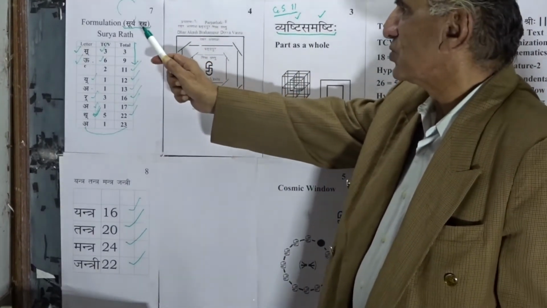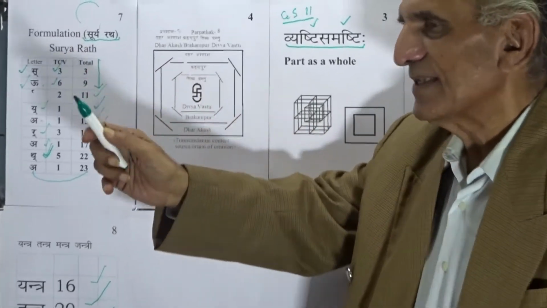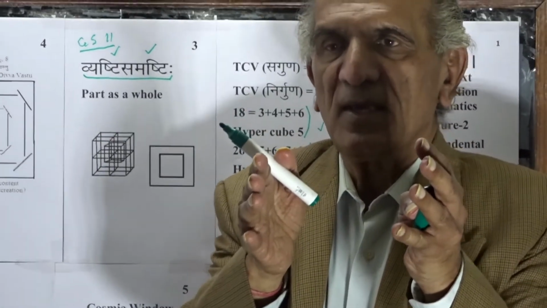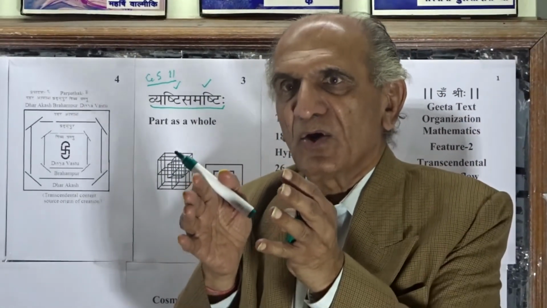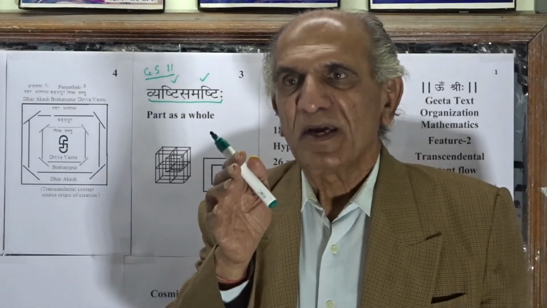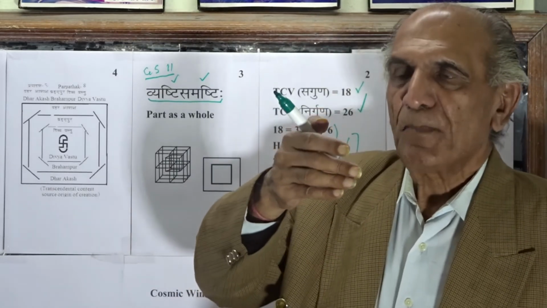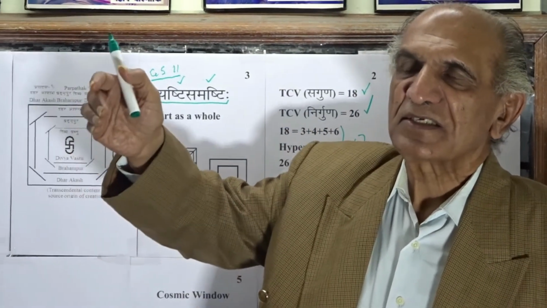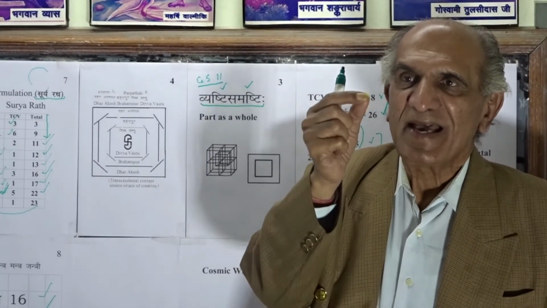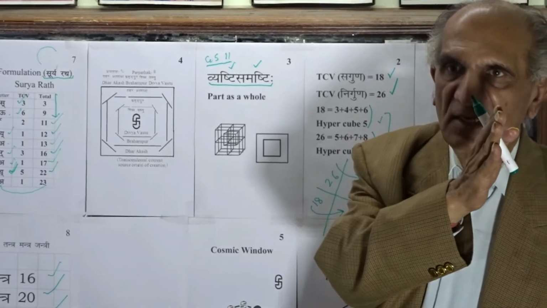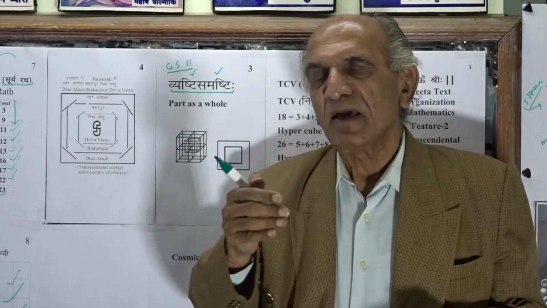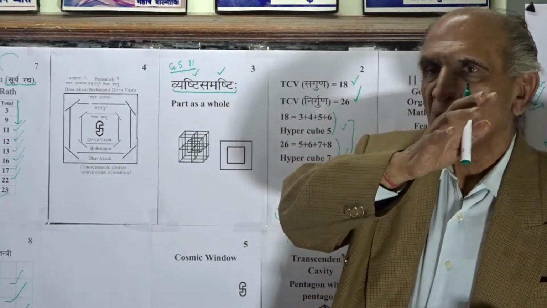So the formulation Surya Rath is a machine which will be a carrier of the 6-space body for its path in the universe, with the pole star as its center, as an origin. The Sun in a dynamic state is revolving around the pole star.